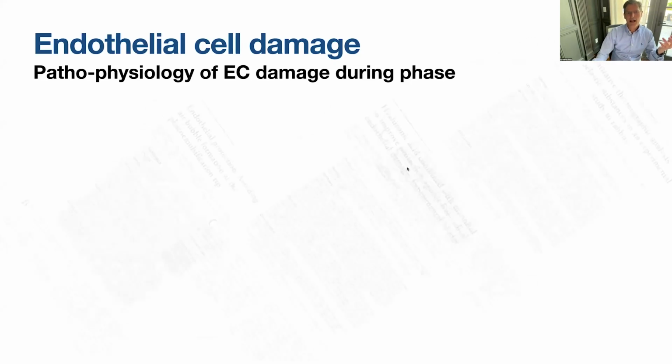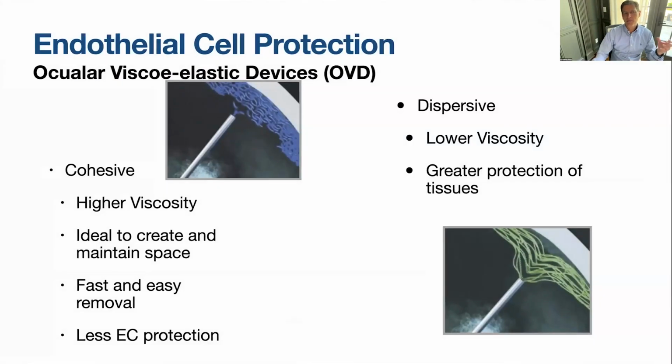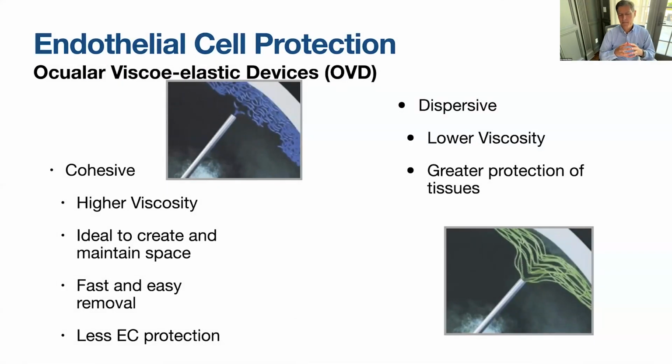And the question that arises next is, do viscoelastics really protect our intraocular structures? The answer we'll see in a few minutes, but basically we have two types of viscoelastics. We have, as you know, cohesive viscoelastics, which have a higher viscosity. The chains of the viscoelastic are very long chains, and they adhere to each other, and they are ideal in creating spaces and maintaining spaces.